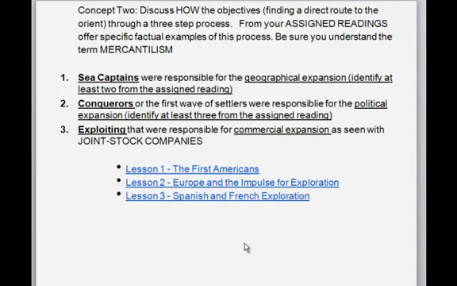And then finally, the third part of this process came from exploiting, or which was responsible for, commercial expansion of Western European countries. This was usually done through the joint stock companies, or by the use of royal offices, which were used to replace the conquerors.